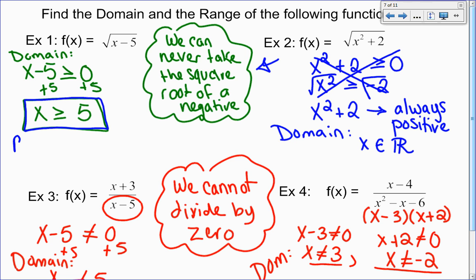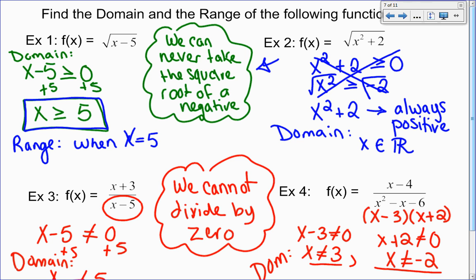To find the range, we can take the smallest value of our domain. Okay, so x has to be greater than or equal to 5 here. So we can take the smallest value of our domain, which is going to be when x equals 5.